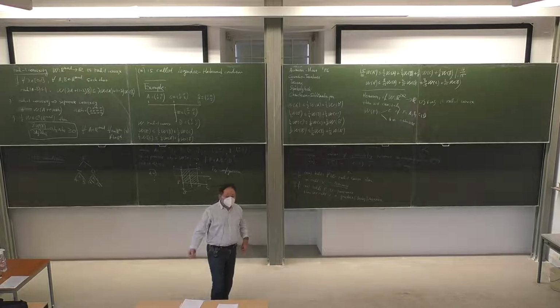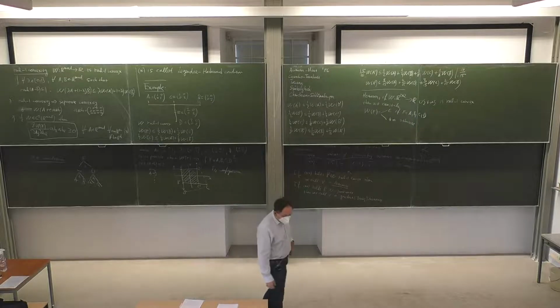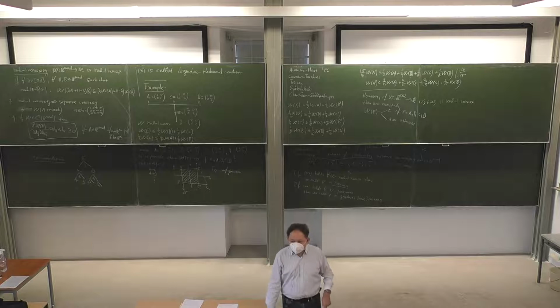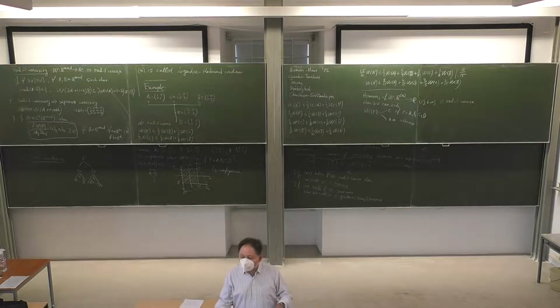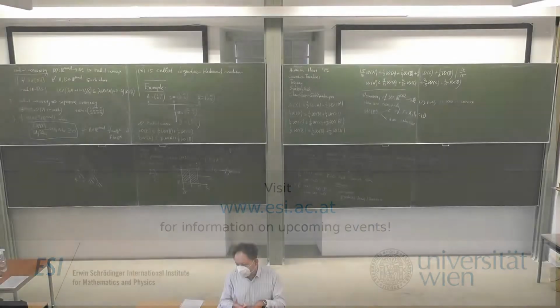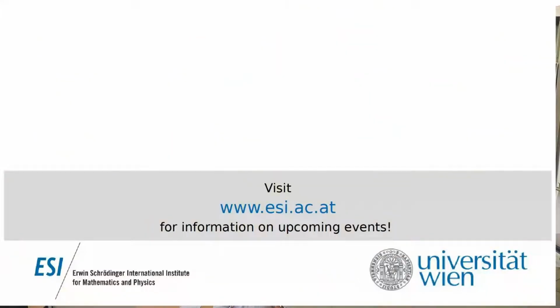So this will be maybe on Wednesday, if not on Monday. Sometimes you have a variational problem where the integrand, depending on the gradient, is not polyconvex, not quasi-convex. Then you cannot really show that there is existence, and there might be no existence.